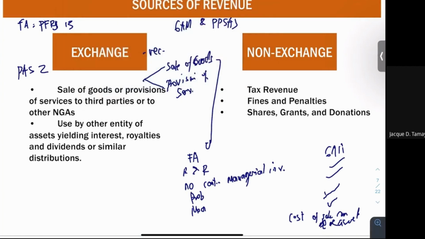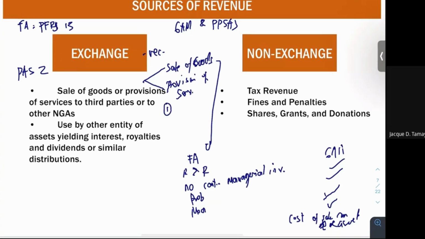Now, under provision of services, how do we recognize it? We recognize it under the straight line basis generally, okay? Whenever we talk about services under GAM and PPSAS, it does not talk about at a point in time or over a period of time. We recognize it this way: straight line method or percentage of completion only.